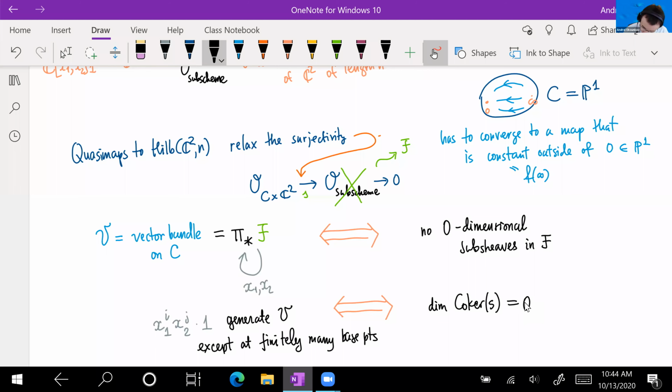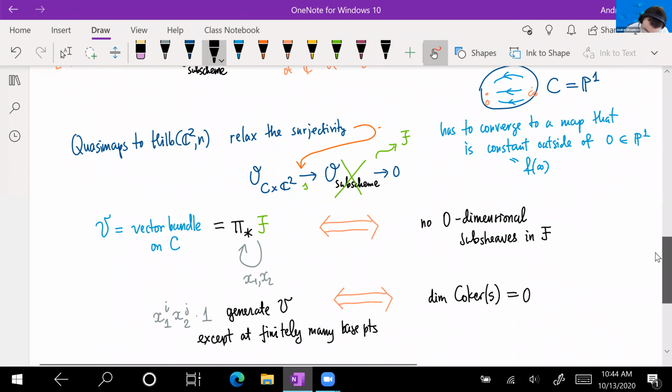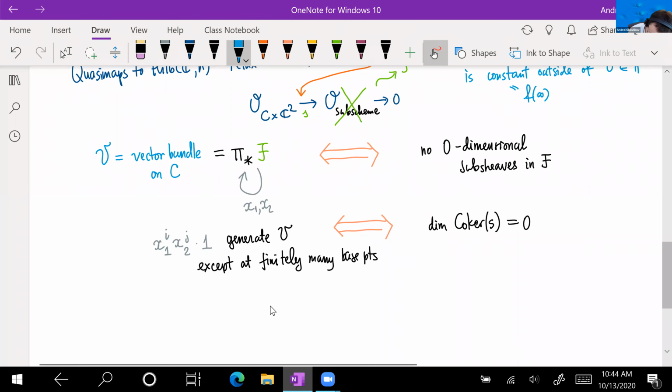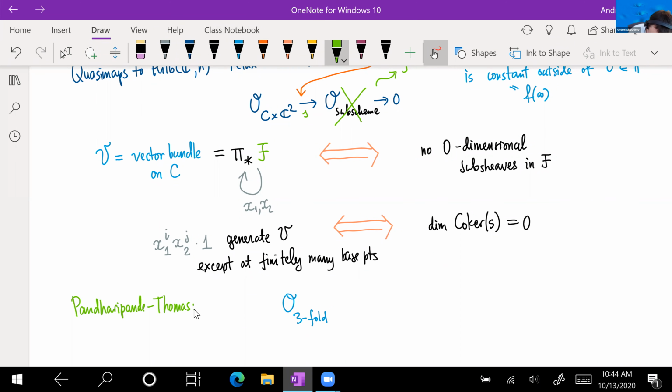So in general, if you study objects of the form, a structure sheaf of a threefold with the map S to some sheaf F, this is the general moduli space considered by Pandharipande and Thomas. In this enumerative context it was first studied by Thomas, but algebraic geometry people also looked at similar moduli spaces before.